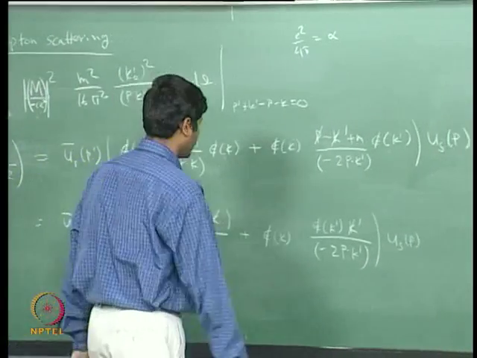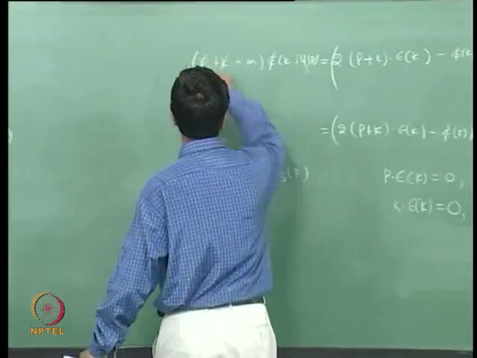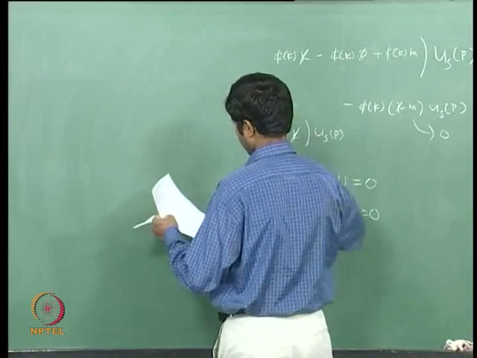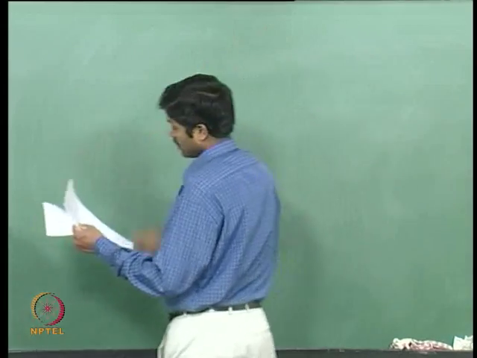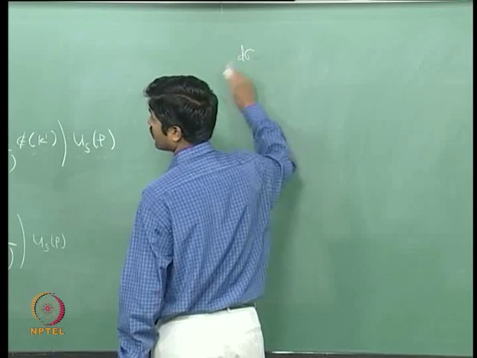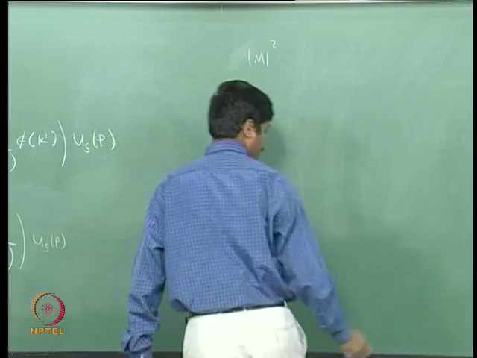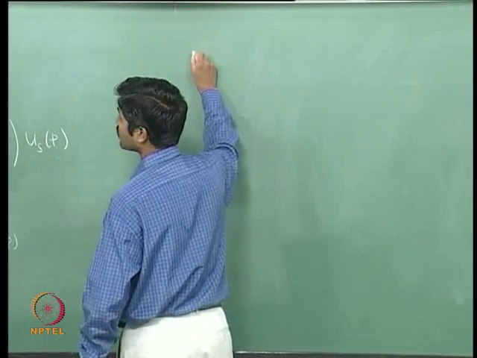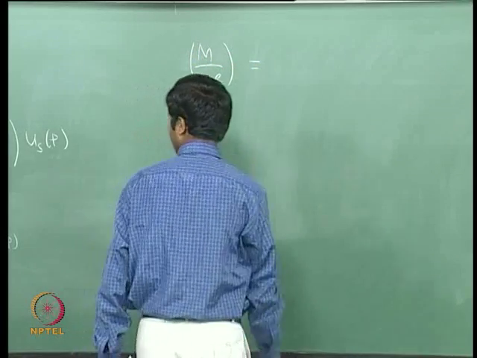So, let us rewrite this scattering cross section. d sigma, where we are evaluating mod M square, M over minus i e. This is the quantity that we are looking at.